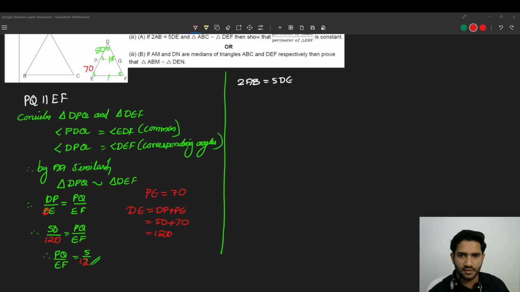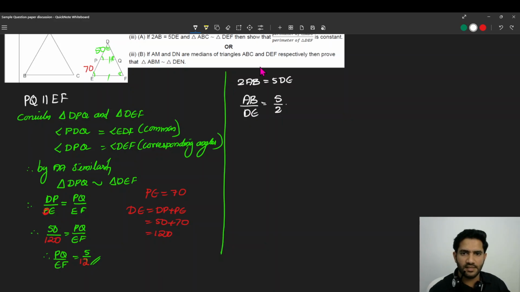Now look at here. Now perimeter. 2AB is equal to 5DE. So from here we can find the ratio AB by DE equal to 5 by 2.